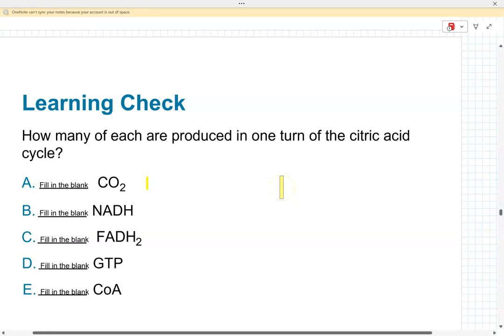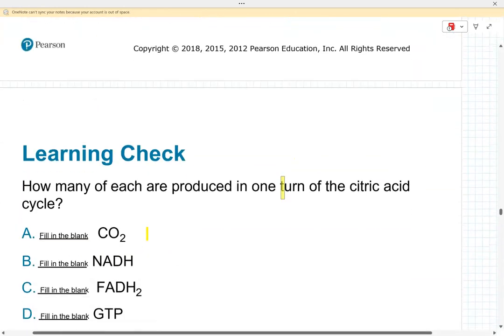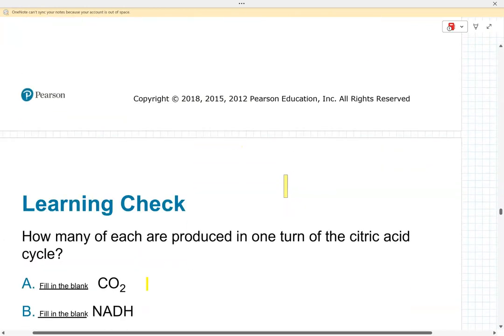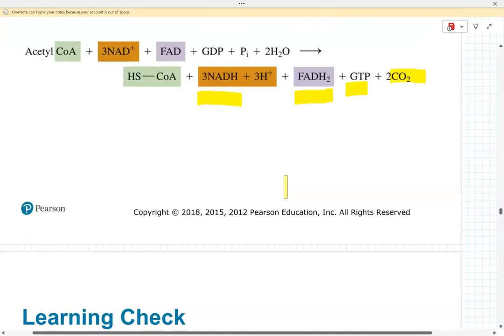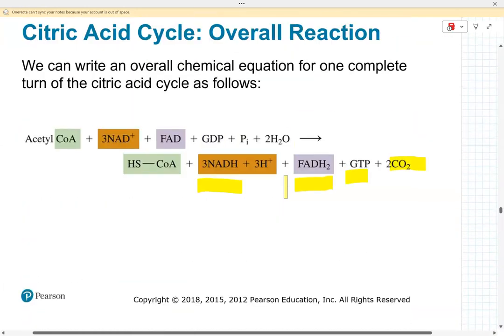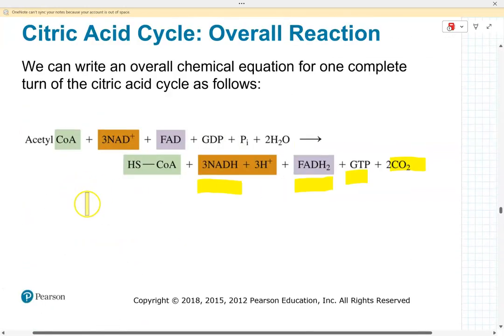How many CO2s are produced? 2. NADH? 3. FADH2? GTP? Acetyl-CoA? 1.